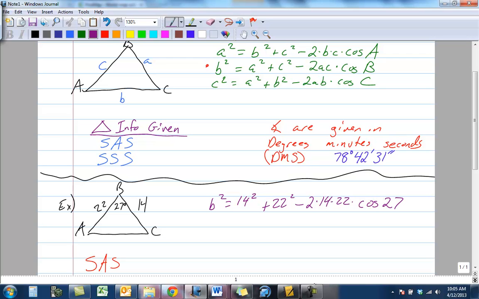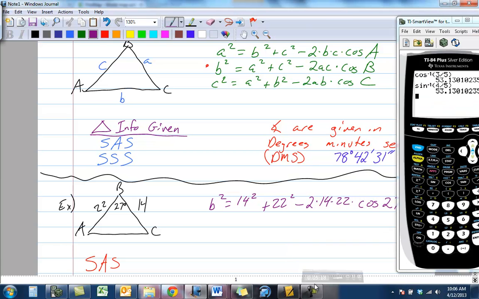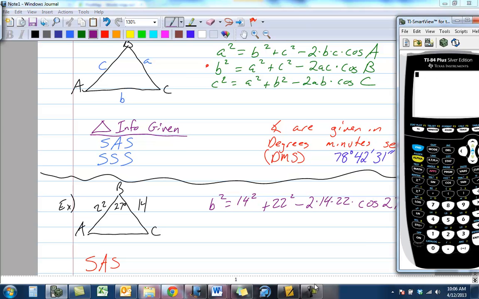Here's what's nice about this type. Pull out your calculator, and we're going to put this straight in here. We're going to put in 14 squared plus 22 squared. Don't pause, just put the whole thing in.